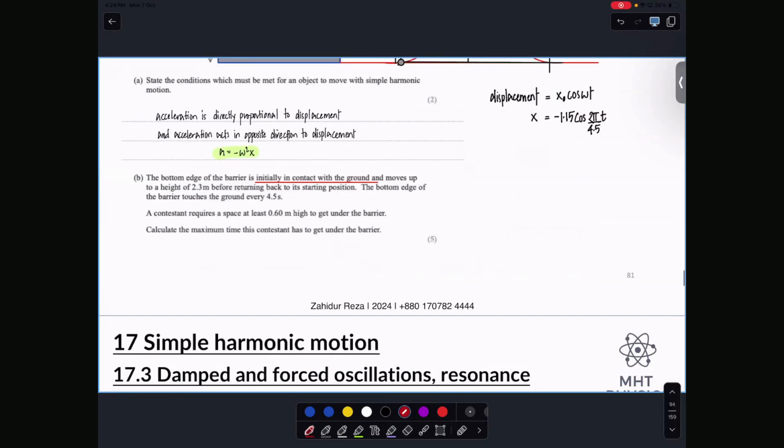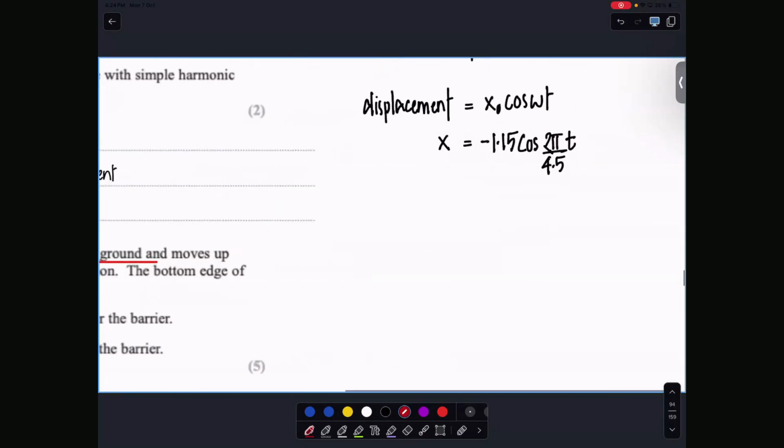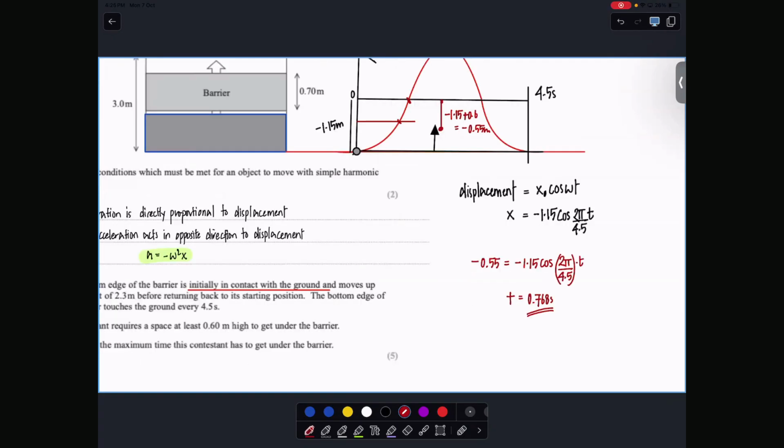So my displacement is going to be minus 0.55 meters, and my equation is minus 1.15 cos 2 pi divided by 4.5 t. Can you find the value for t here? 0.768 seconds. Okay, that's enough actually.